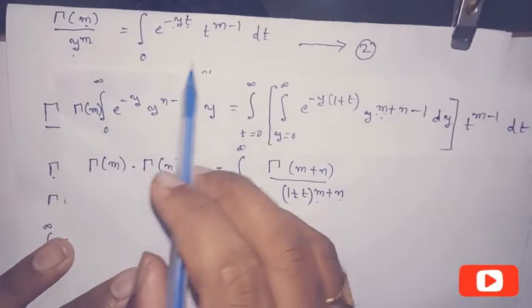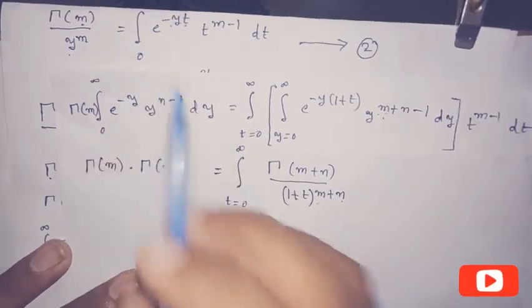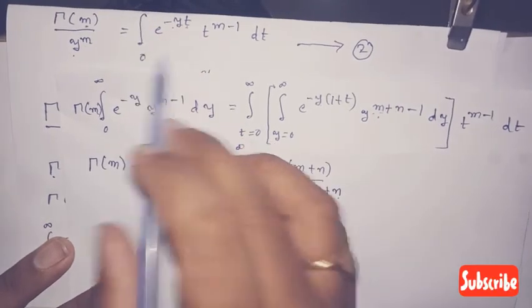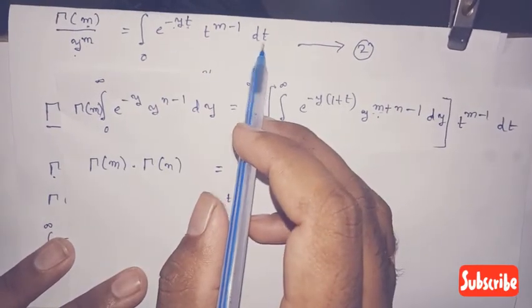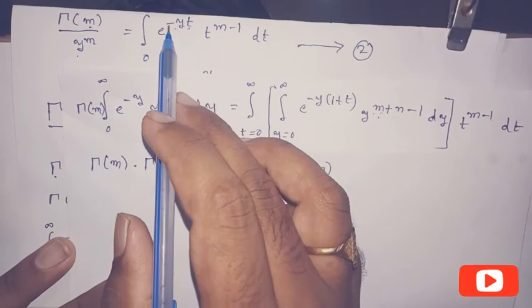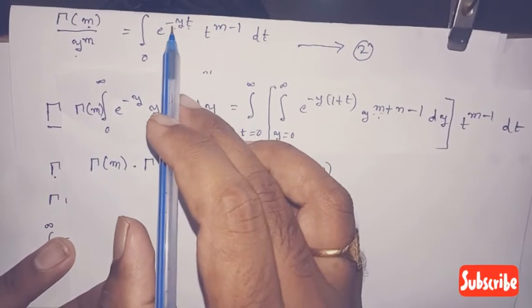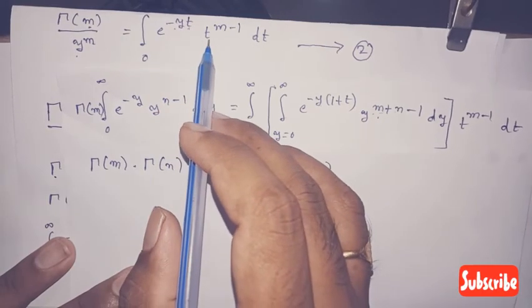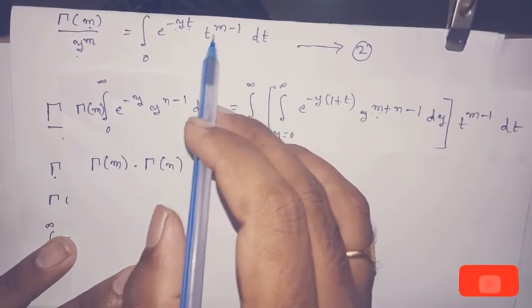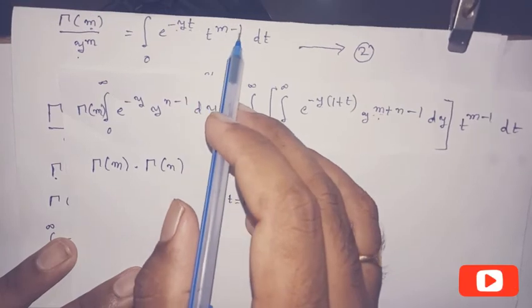Let us check this formula. Here integration is with respect to t. The coefficient of minus t is y, and the power of t is m minus 1.